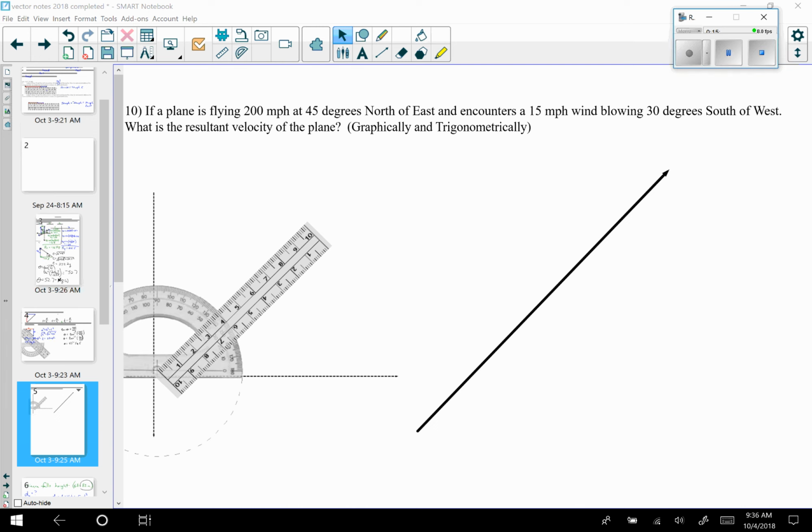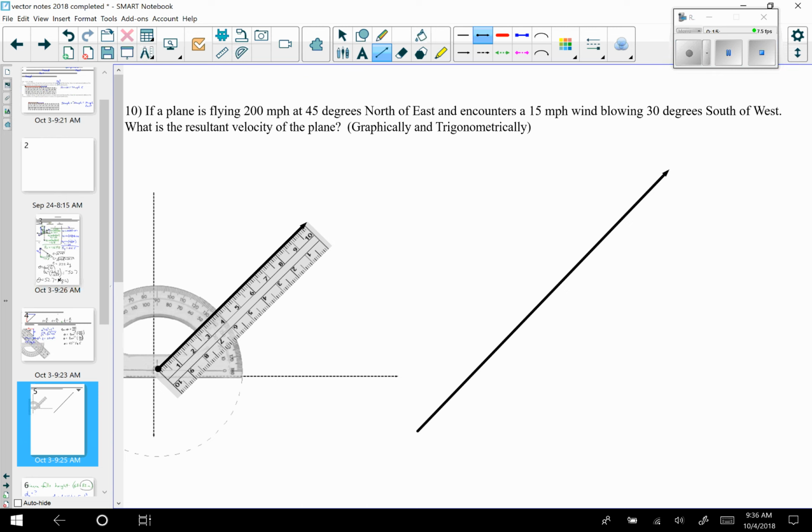Okay, on this last problem we're going to do for this video, number 10, we have to do it both graphically and trigonometrically. So I'm going to have a 200 mile an hour plane that's going 45 degrees north of east. So I'm going to draw a nice little arrow that's going 20 centimeters at 45 degrees.